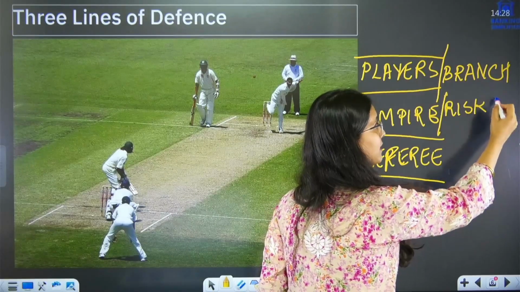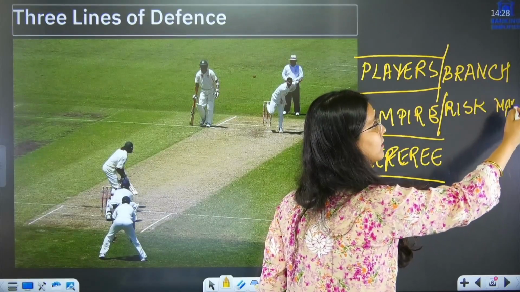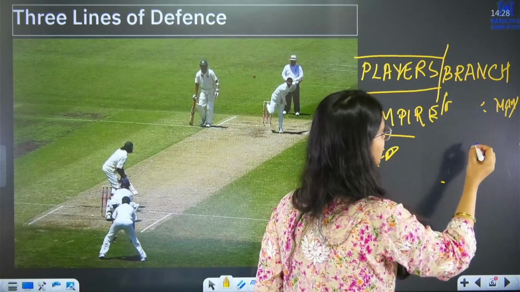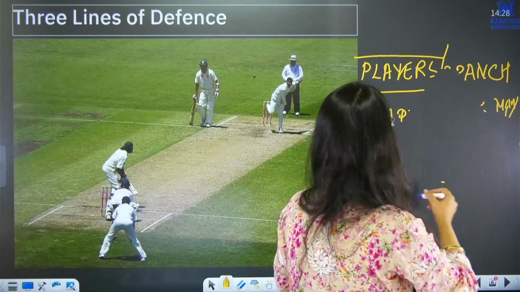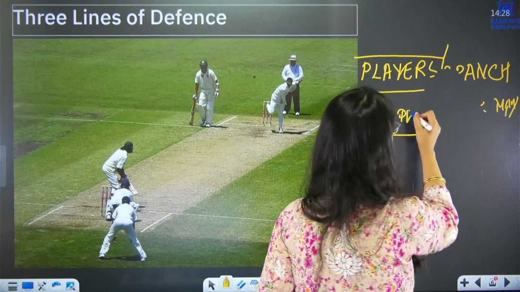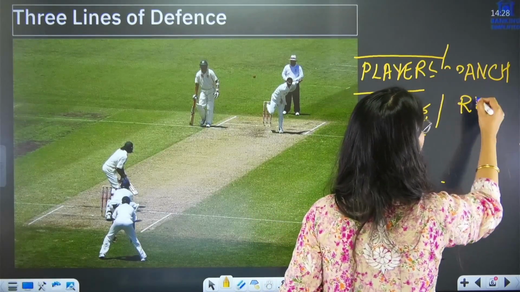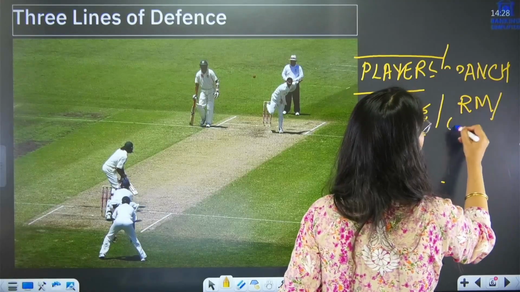This is again making sure that this particular second layer, the second layer is making sure, I'm just writing risk management, RM, and compliance.